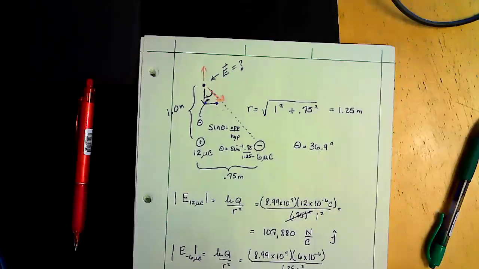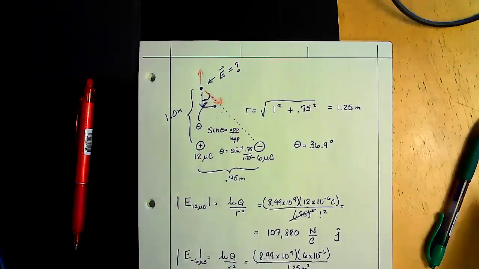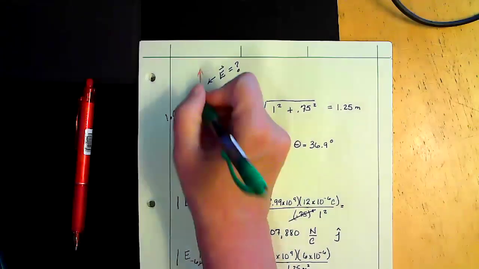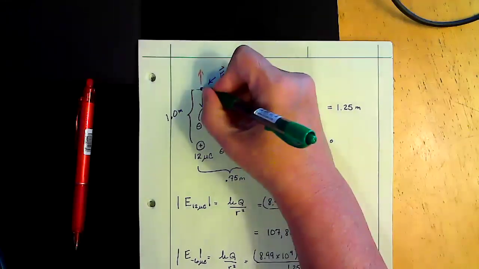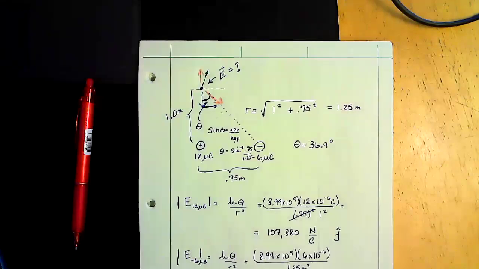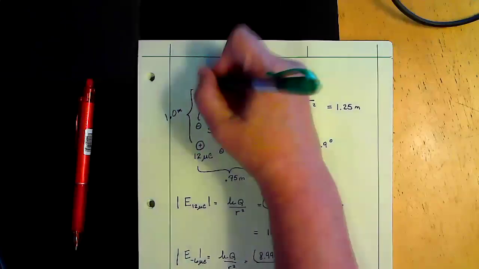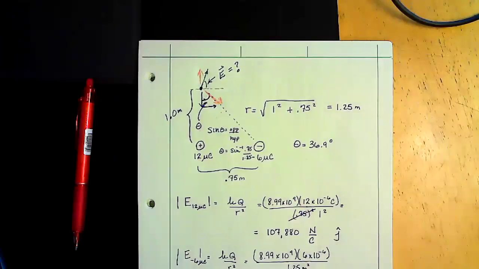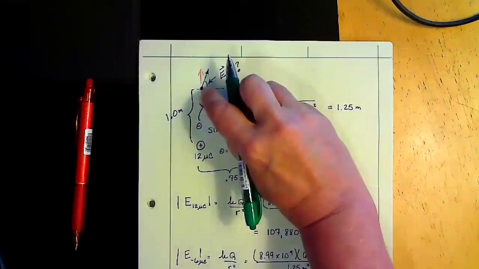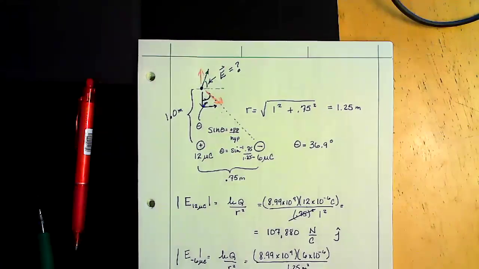So if I were doing this on that simulator you have for your laboratory, and I were to draw the arrow at this point, the magnitude of the arrow would be that 82 or 83,000 Newton coulombs, and my angle would be 75.5. If I were able to drop a charge right there, this is the direction it's going to move based on my electric field.